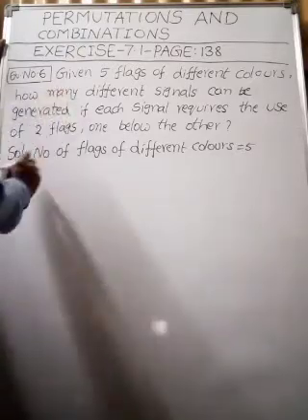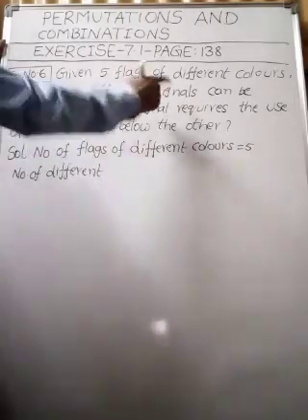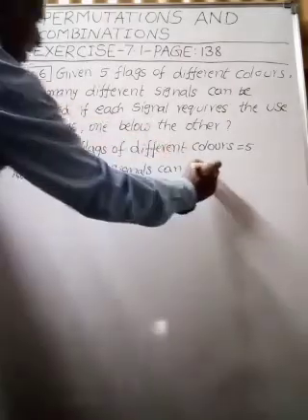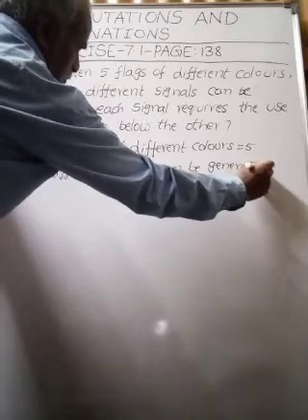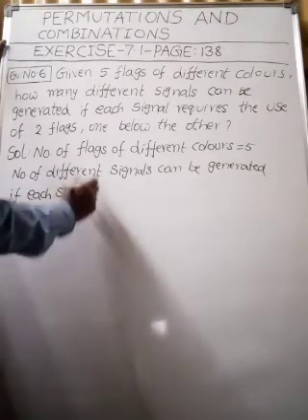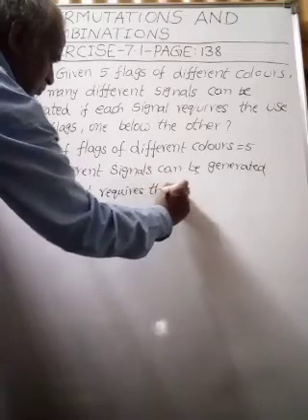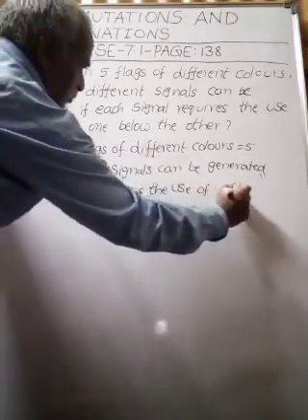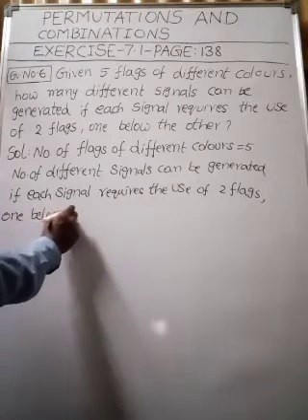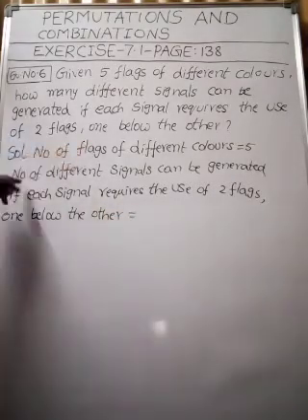So, number of different signals that can be generated if each signal requires the use of 2 flags, one below the other, is equal to, we are finding the number of different signals.